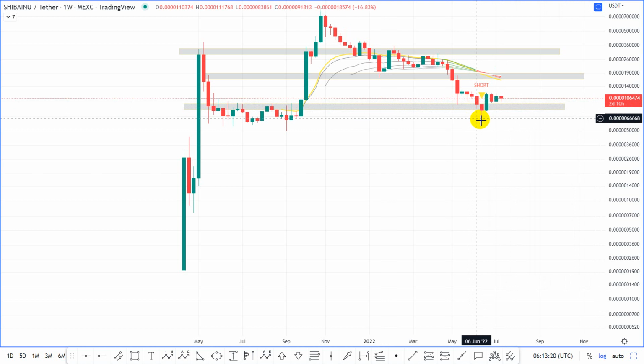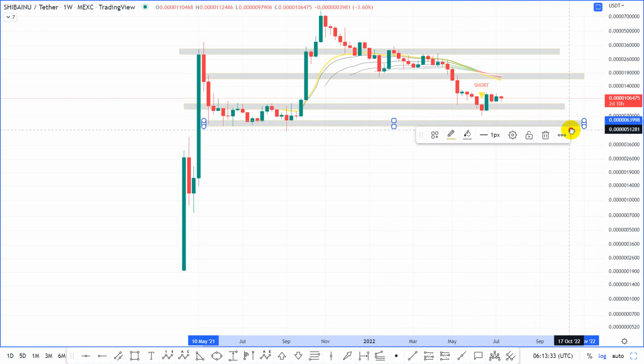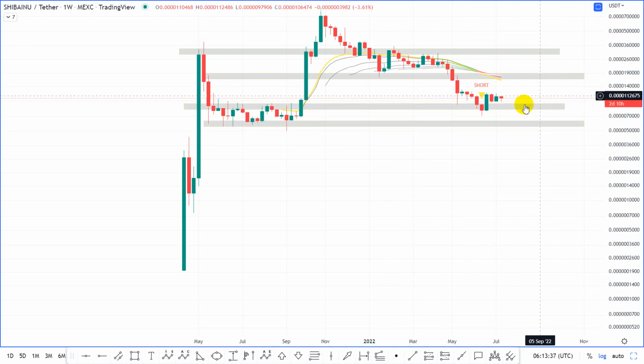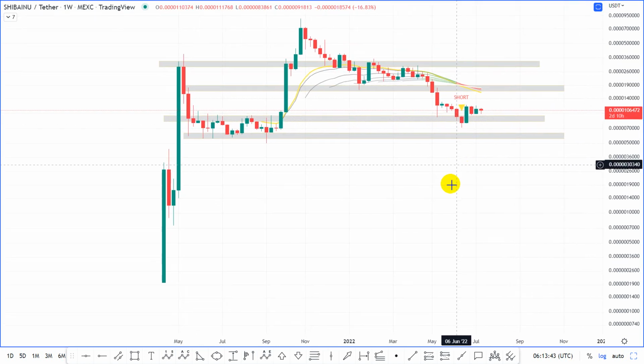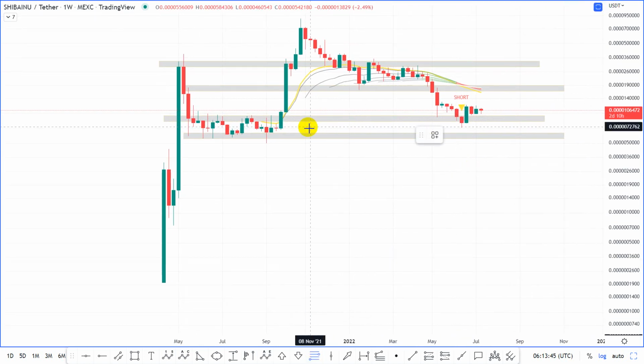You see how it was over here for 1, 2, 3, actually 4 weeks, and here it was reacting on this area. So you have a lot of volume here, I can guarantee you that. And if for some reason it manages to break it and go lower, then there's going to be another area over here where there will be some resistance.